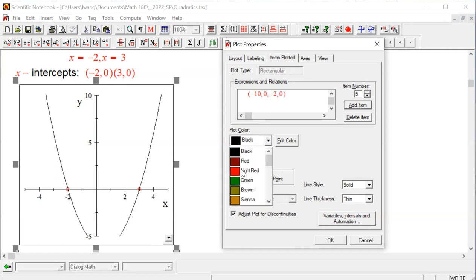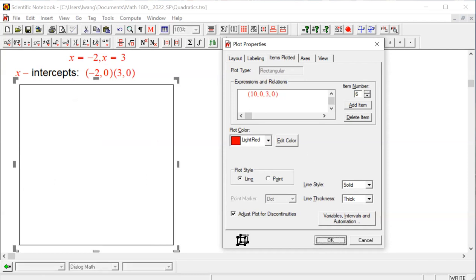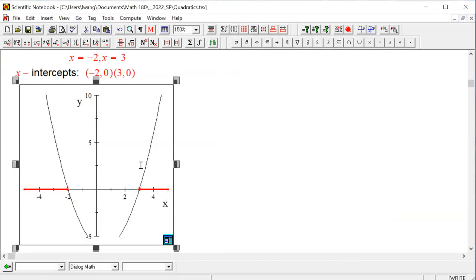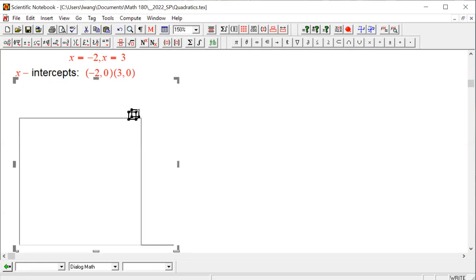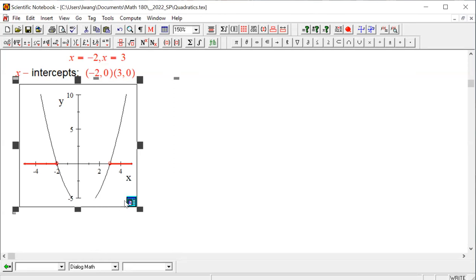The red bar, and we're going to draw the other piece on the other side. There. So these are the solutions such that the outputs are positive. And what is the output? The output is the product. And problem solved.